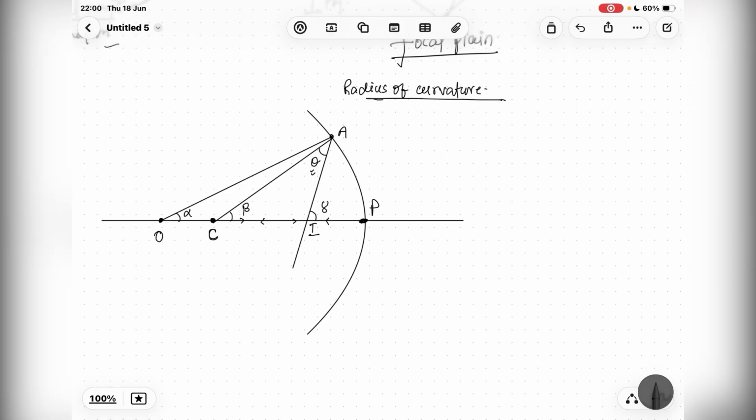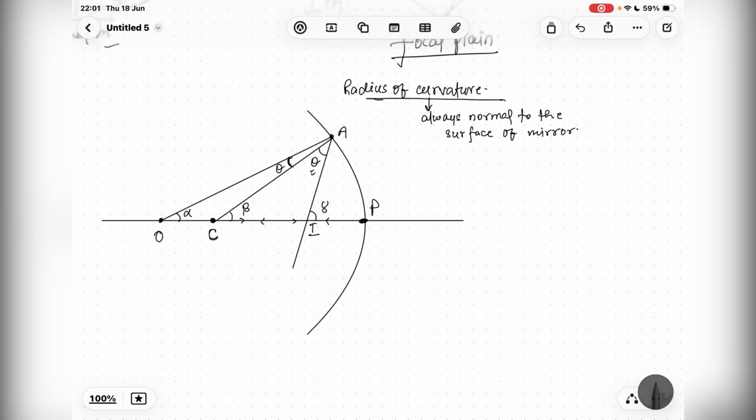Since this angle is theta, by the laws of reflection, and the radius of curvature is always normal to the surface of mirror, this angle also should be theta.